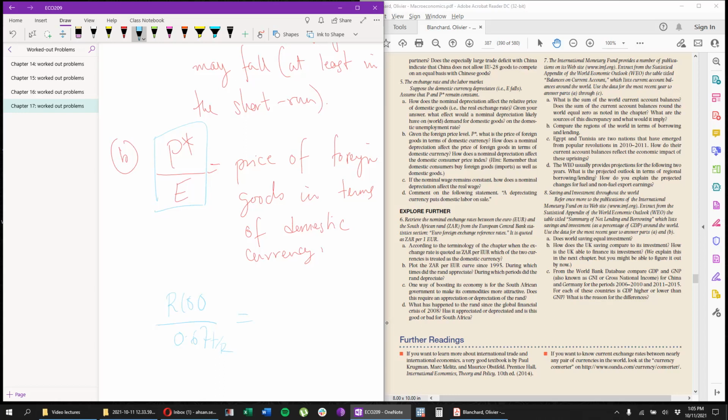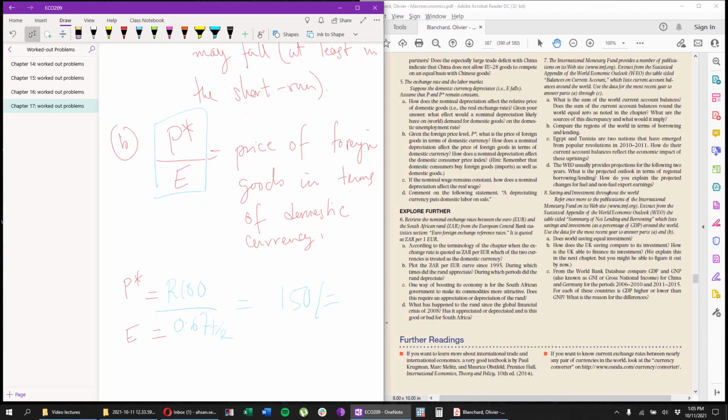We're going to get 150 Taka. So that's effectively it, right? P star is this, the exchange rate is this, which means that each Taka is worth 0.67 rupee. This is the same amount we had used in the lecture videos, that's why I used it. And then we find the price of a foreign good in terms of domestic currency, the price of a good in India in terms of Taka. Straightforward, okay?